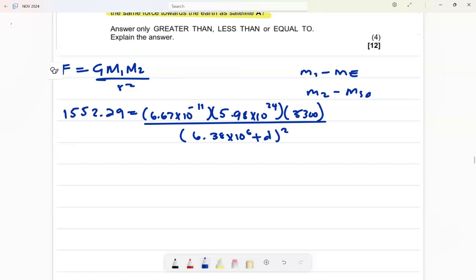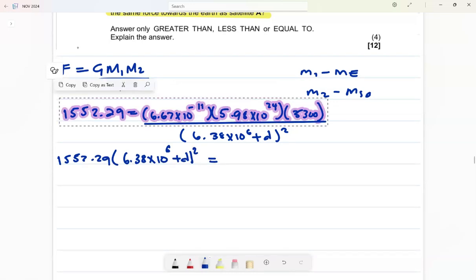When you do the mathematics, let me go through it with you. We're going to multiply this to the other side: 1,552.29 multiplied by 6.38 times 10 to the power of 6 plus D, all squared, remember.